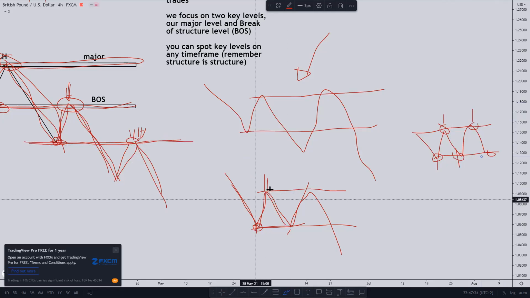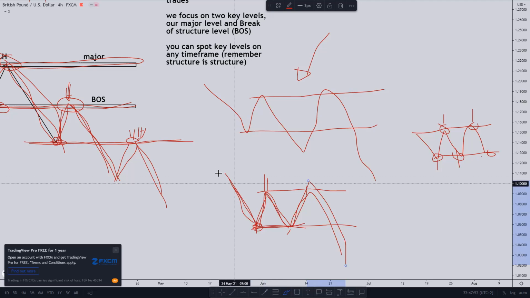So here, let's go back to the key levels. Price pushes down, gives us a lower low, and then price pushes back up, gives us a lower high, and then we push it down. We respect this key level. We don't break the lows, and then we push back up, and then we come in, respect this high, and then we push back down, right? So we know you're in a downtrend. We know that we're either going to sell at a lower high, or we're going to sell at a double top.